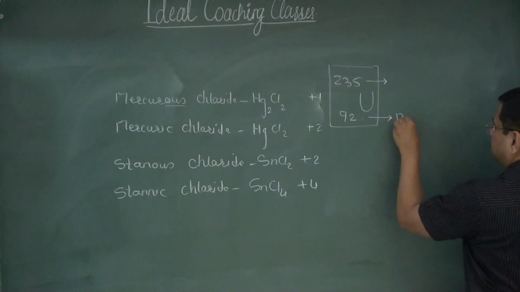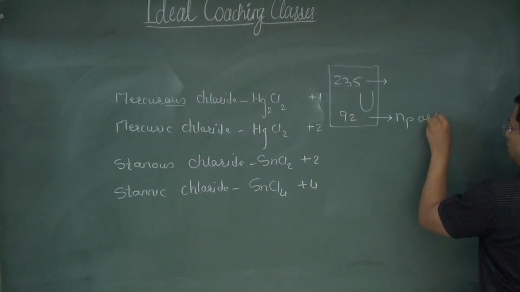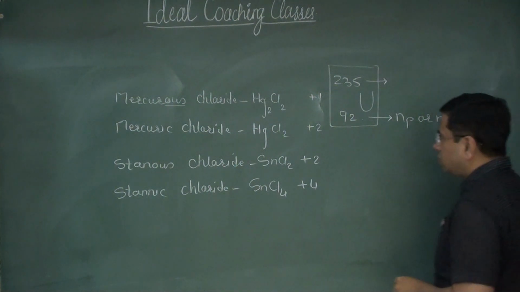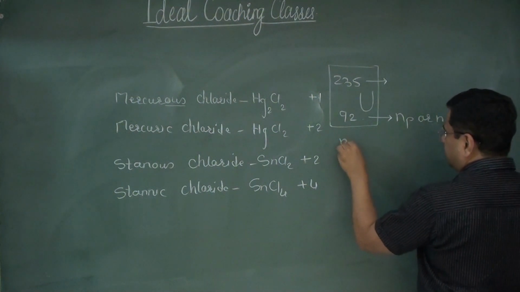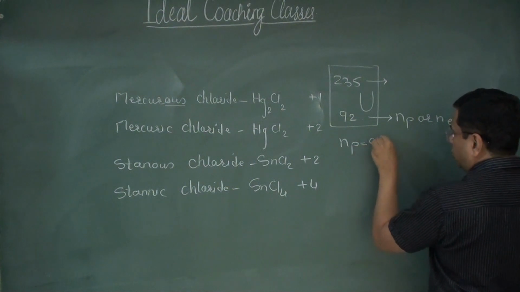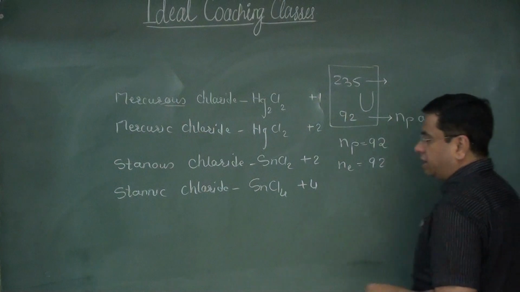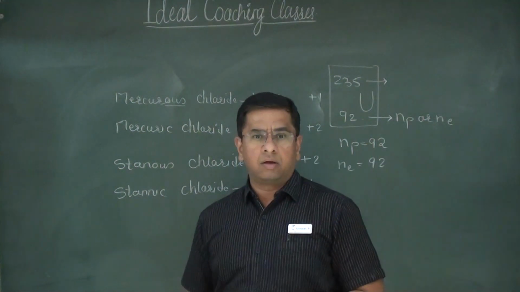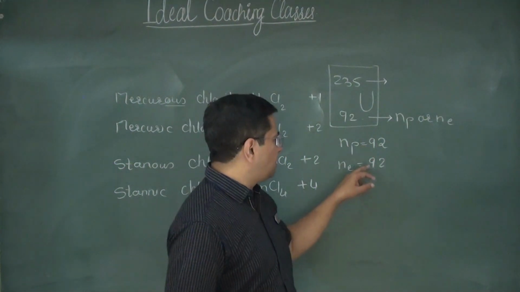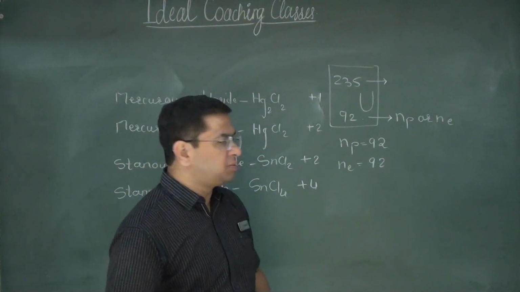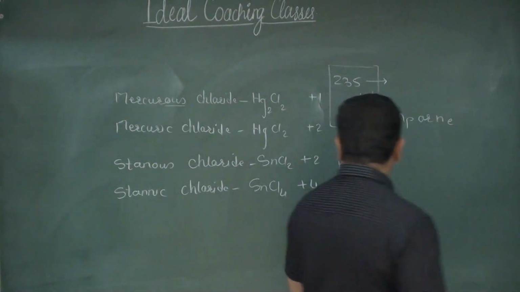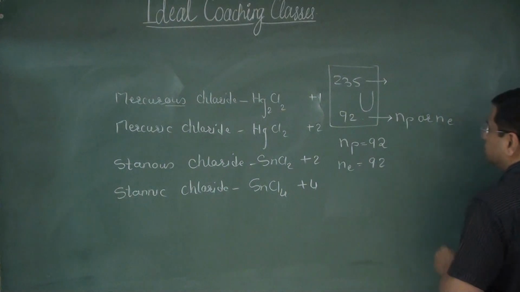Atomic number represents the number of protons or the number of electrons. So in this nucleus the number of protons is 92 and the number of electrons is also 92. I told you, for maintaining electrical neutrality it is necessary that the number of protons and electrons must be the same. How many neutrons?